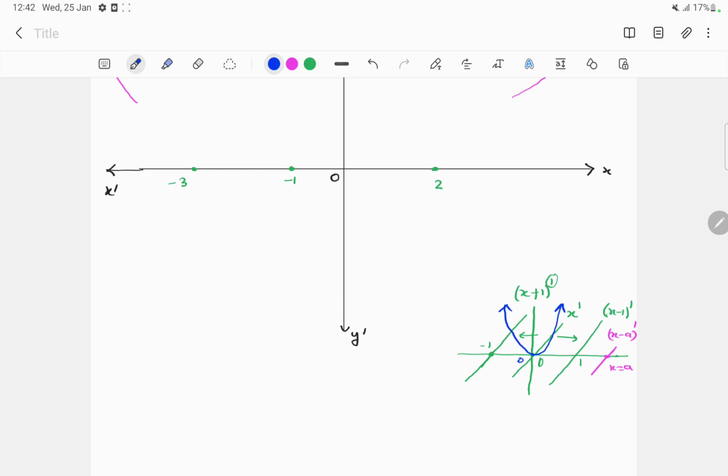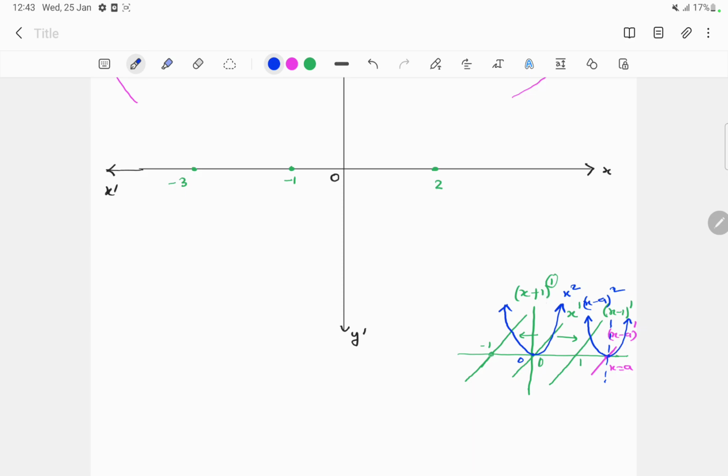This is 0, the vertex. In our case, if the vertex is a, then for x minus a whole square, the graph will be something like this. So if you have power 2, then it rounds off at the point x equal to a.